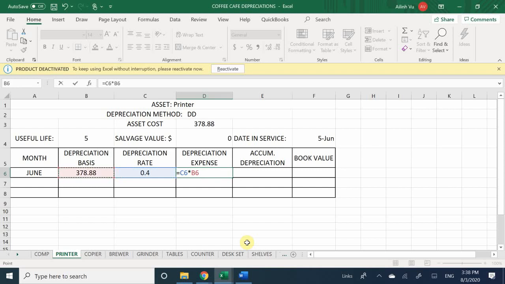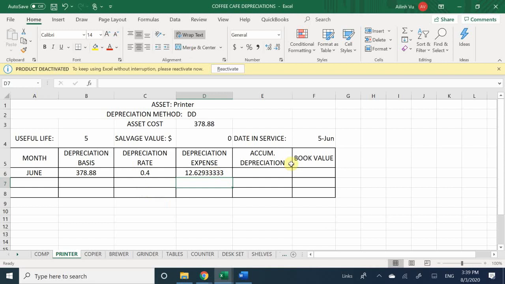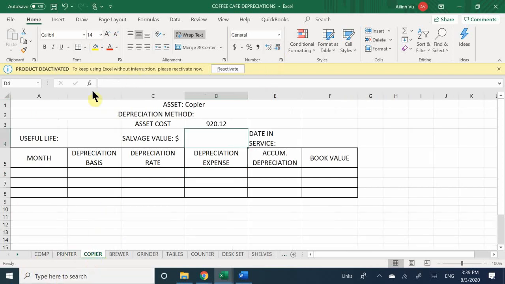Then we got 378.88 times 0.4, 152. Divide that by 12. Total is 12.63. Good job.